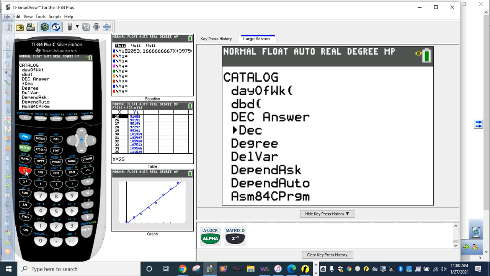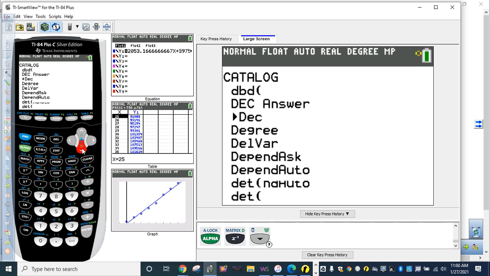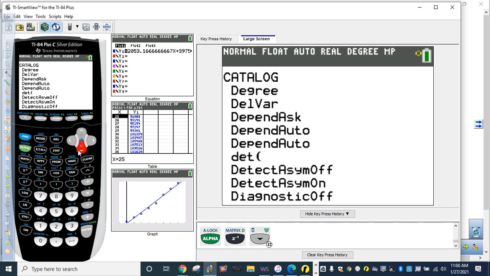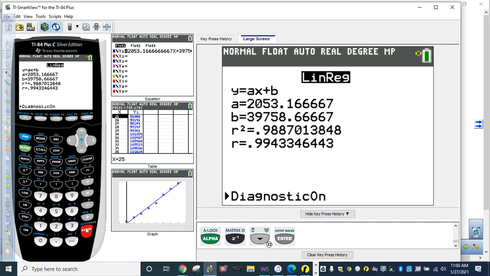So alpha, x to the negative 1, are you good? Okay. And then we're going to go down to where it says diagnostic on. So just arrow down until you get to diagnostic on. My calculator, as you know, scrolls annoyingly. Diagnostic on, hit enter.